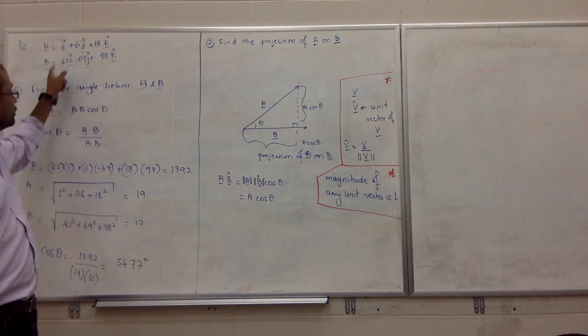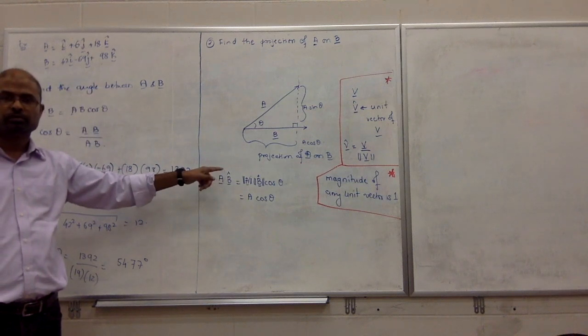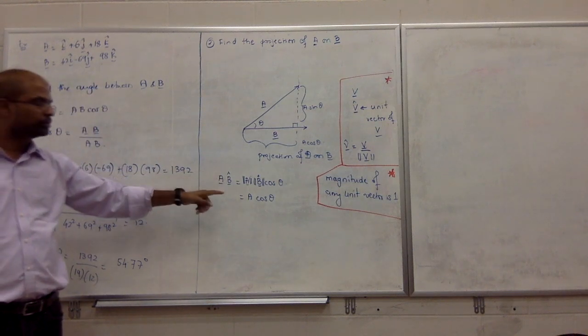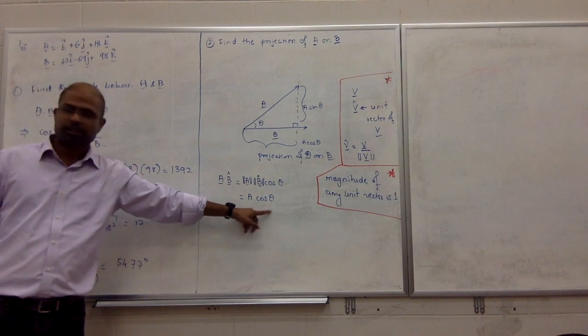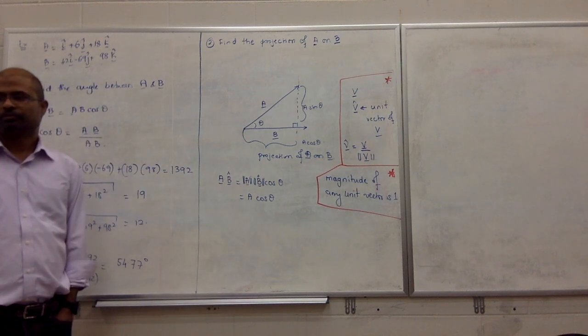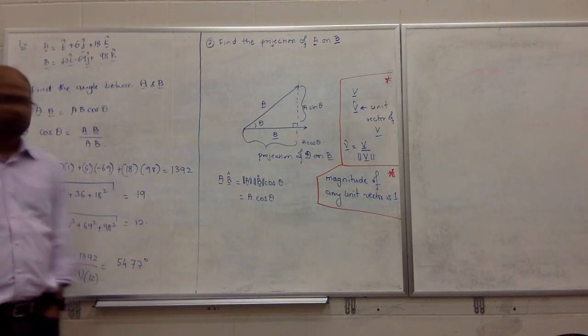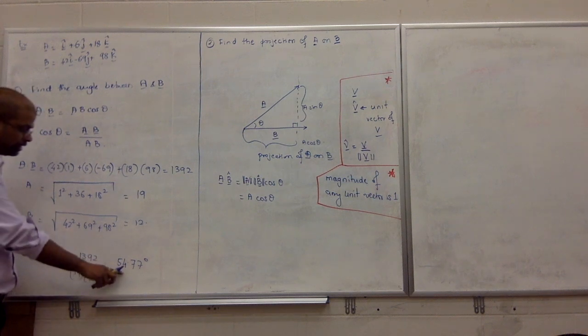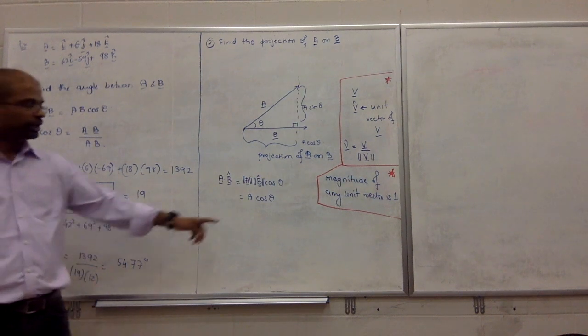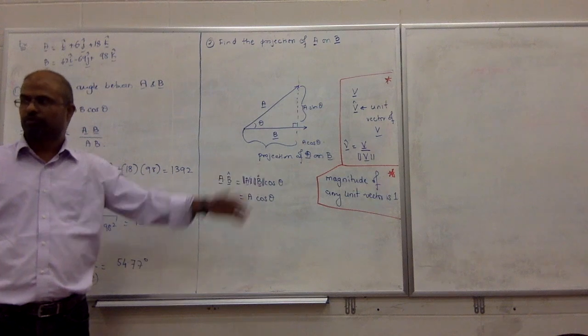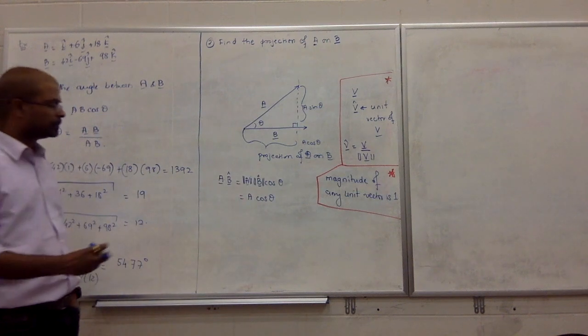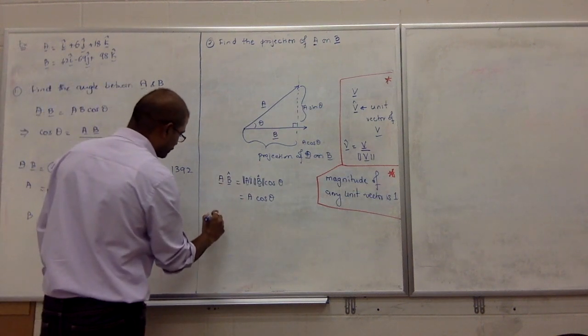Because you know A, you can calculate the unit vector of B. Can you do the right hand side? You know what theta is, right? You can calculate A and find out the projection.